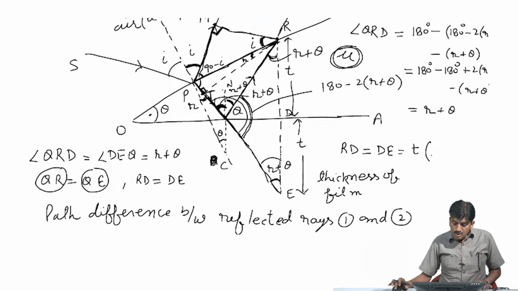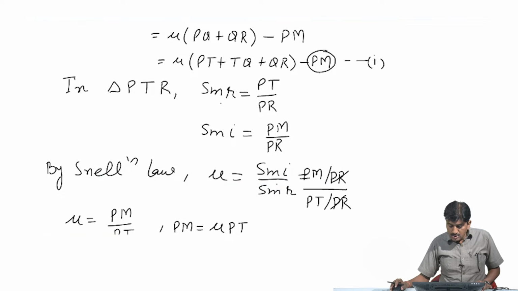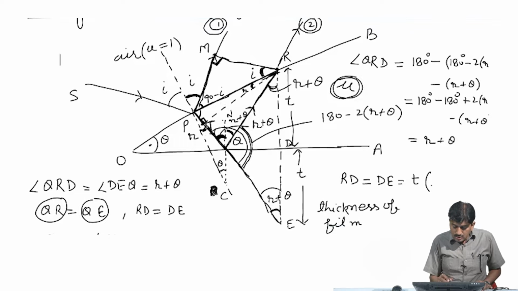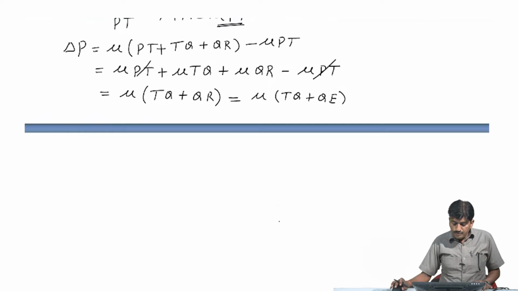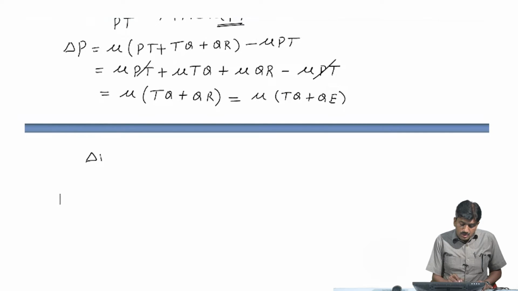This is TQ and this is QE, and now it becomes TE. The path difference delta P is equal to mu TE.